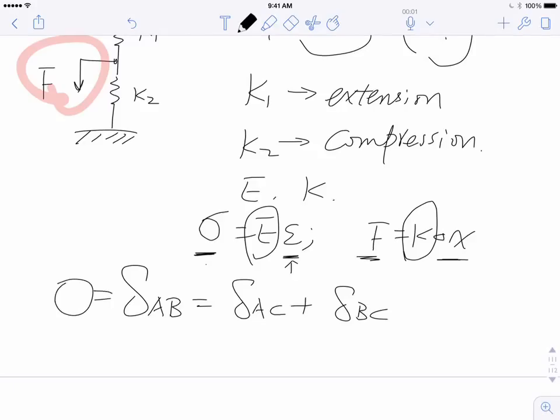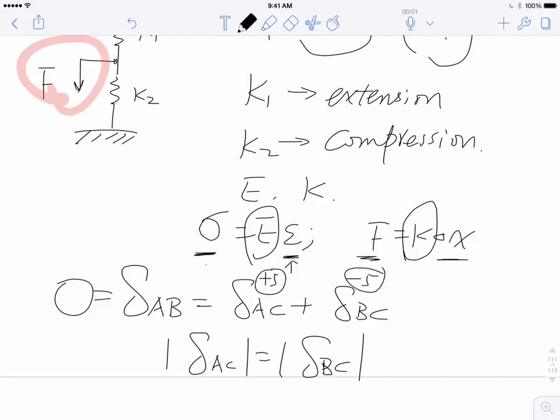So that tells you if I only look at the absolute value of the displacement, these two quantities have to be the same, but one of them has to be positive, the other one negative. In this case, AC is positive, BC is negative. It's just like plus 5 and minus 5 together is 0. So AC and BC have to have the same absolute value. That can help us solve a lot of problems.